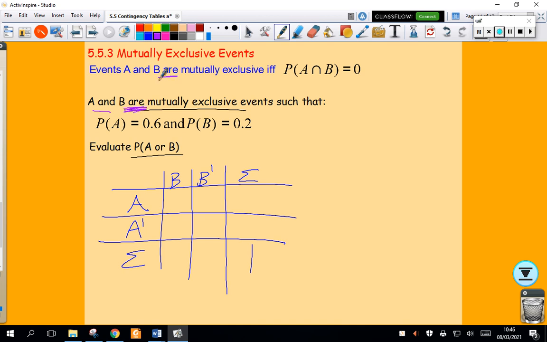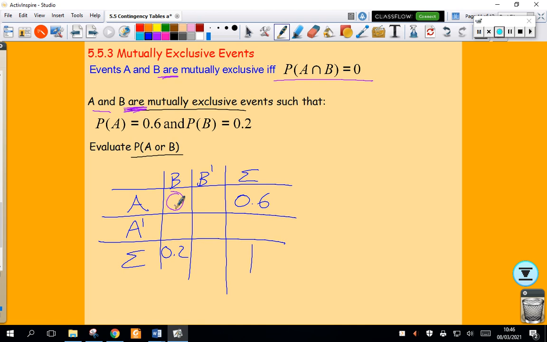And A and B we know are mutually exclusive if and only if the probability of their intersection is equal to 0. So that has to be 0. The other information here, the probability of A is 0.6, so the total for event A is 0.6. The probability of B is 0.2. And I'm ready to fill in everything else.